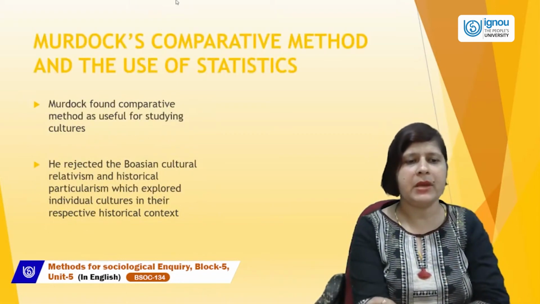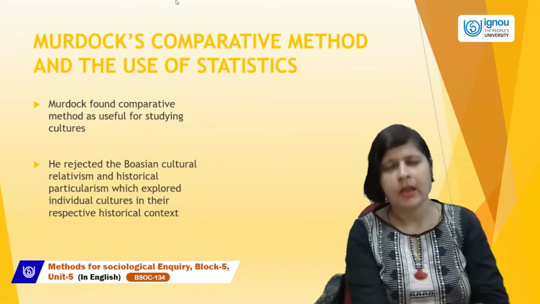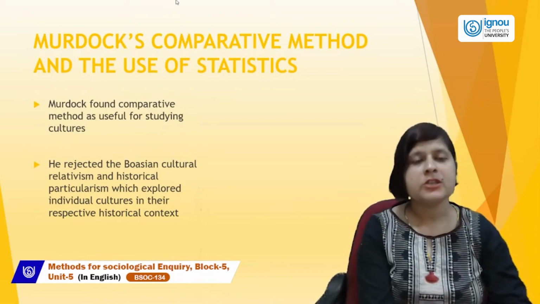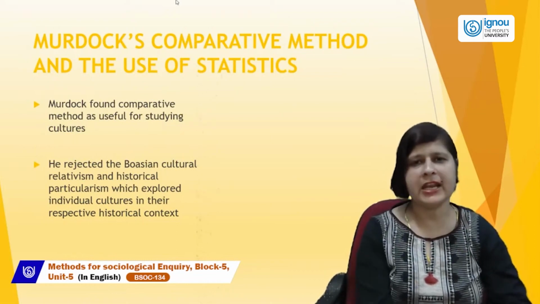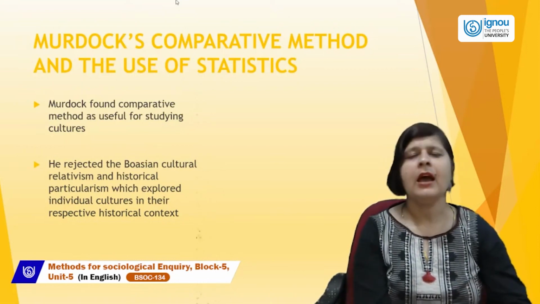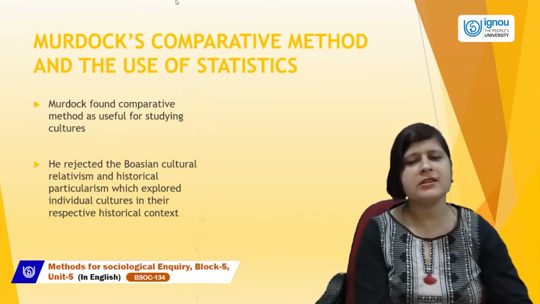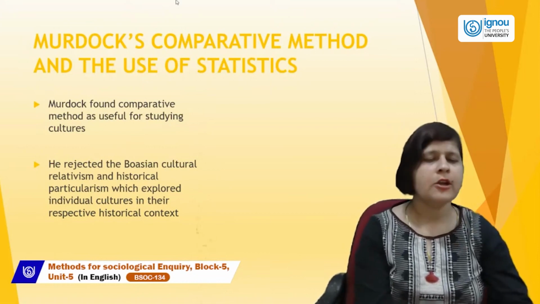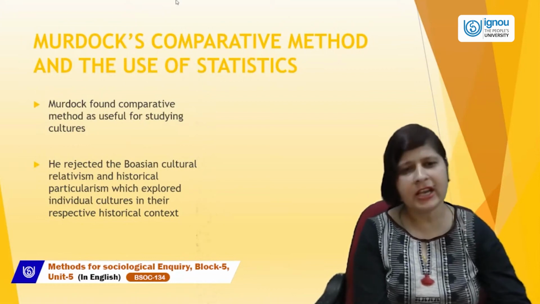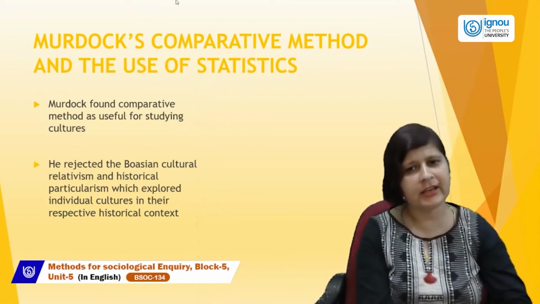Murdock's comparative method and the use of statistics. Murdock used statistics. Murdock studied 250 societies, which is a great number, and he applied the comparative method and used statistics to reach the conclusion. Murdock found the comparative method useful for studying culture.